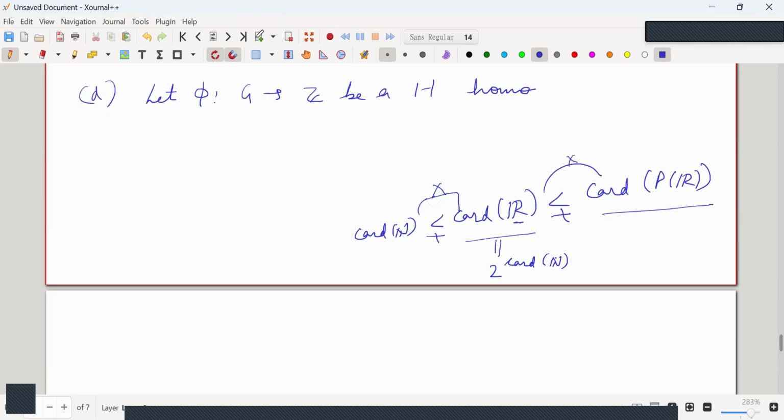So this part, I think, is already there in the literature, but whether there is something between R and the power set of R, I'm not sure about it. But definitely this forms an increasing sequence, right?